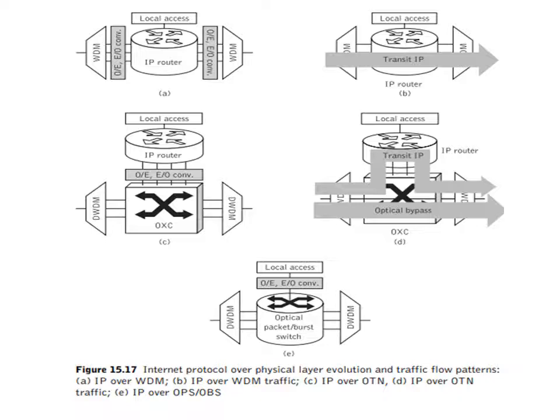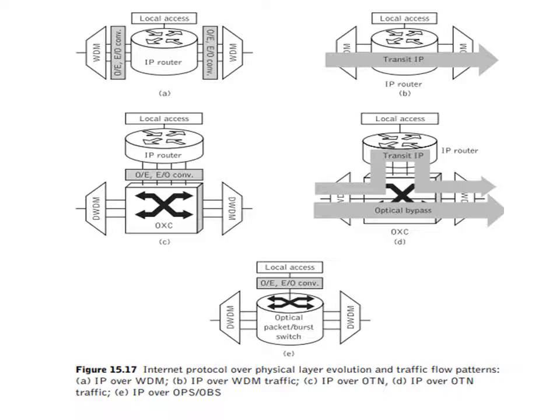So here, wavelength switching of the OTN layer, how it is done: optical packet or burst switch. And the last one, how transit traffic can therefore be switched in the optical layer instead of being forwarded only in the routers, as depicted in the optical bypass indicated in diagram D. It can also pass through the optical burst switch or packet switch.